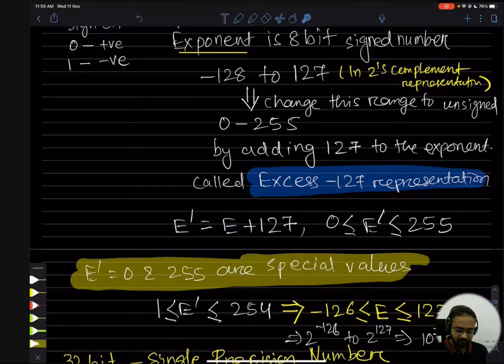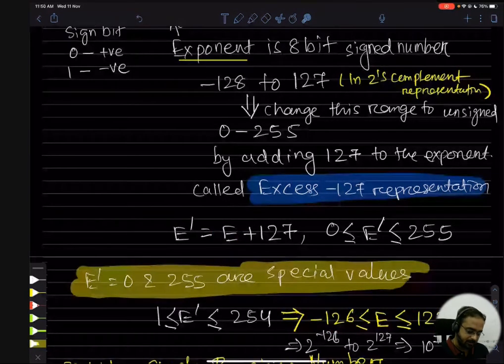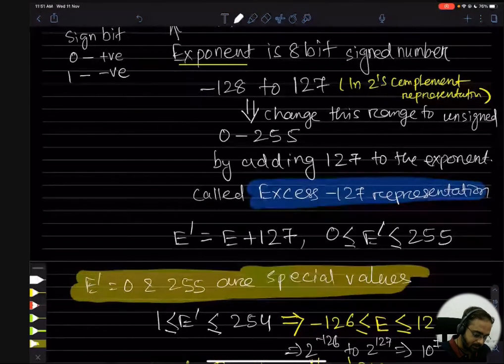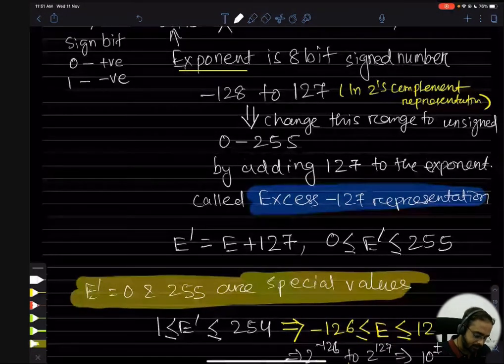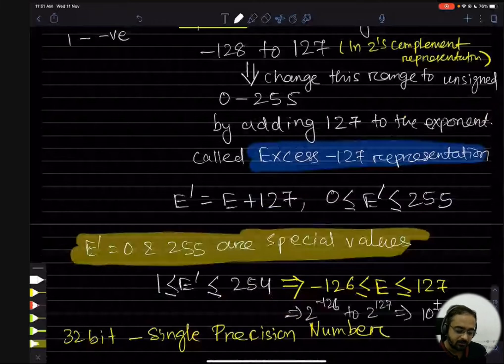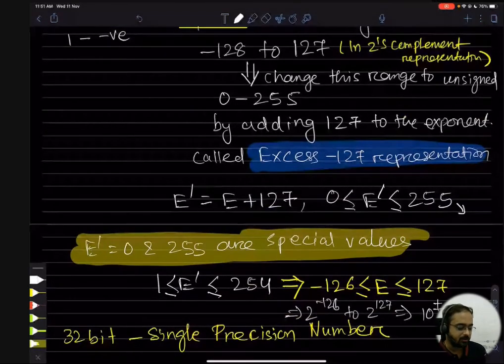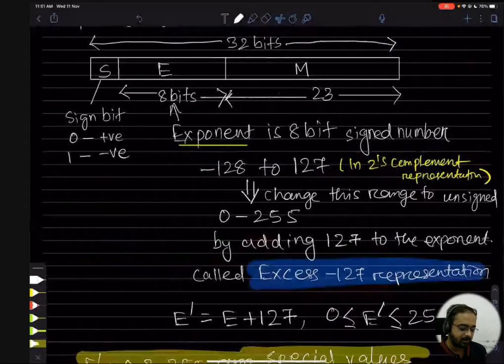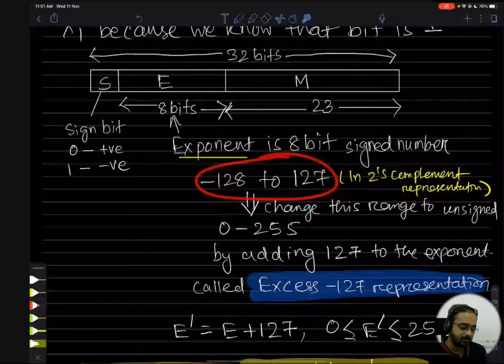Okay, understood? Or any doubt in this case? Suppose you want to change this range into our original 2's complement type of range, then what range will you get?